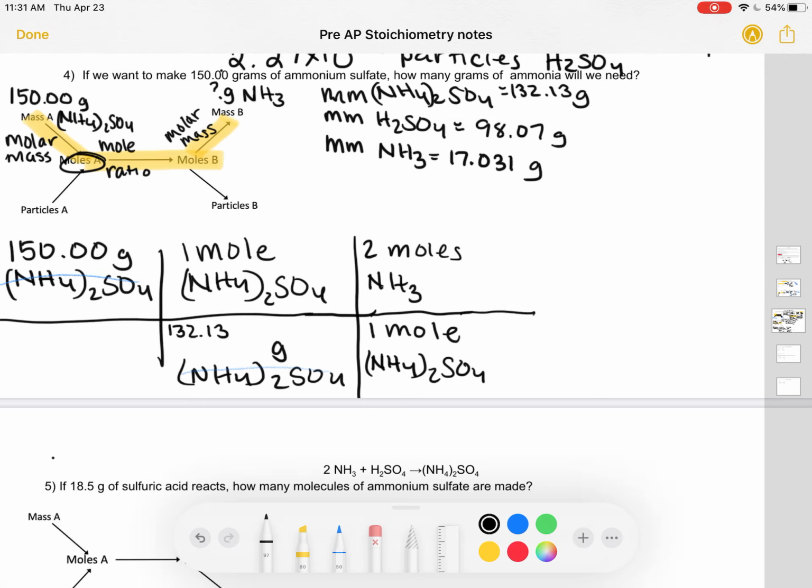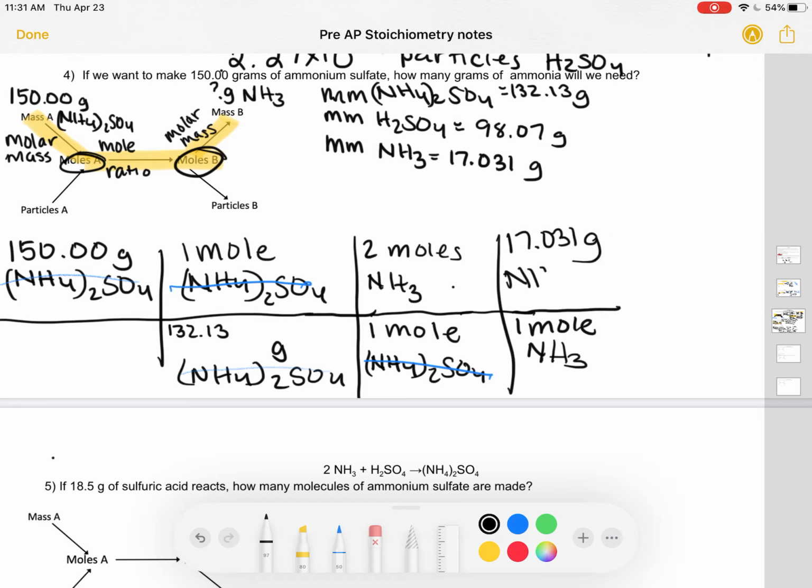Okay, so now I'm here, getting rid of moles of ammonium sulfate. Now we have moles of NH3. Okay, cool. So now, for every 1 mole of NH3, it requires 17.031 grams of NH3. Okay, so moles of NH3 cancels out.